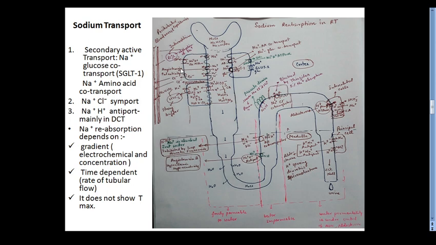And this angiotensin also causes the release of aldosterone from the renal cortex, and this aldosterone acts over the DCT and CT ion channels, that is, over the hydrogen ATPase pump which is present in intercalated cells, and over the antiport channels which are present in principal cells.